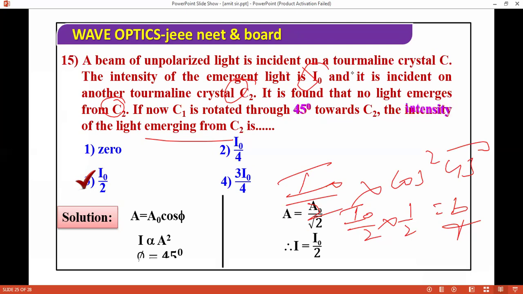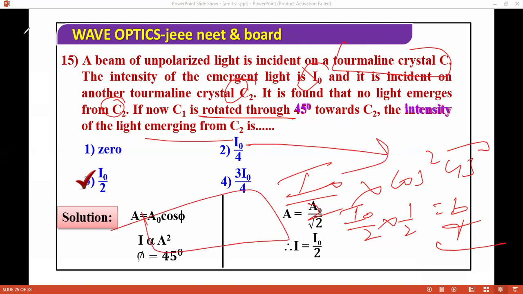Here we are using tourmaline crystals. You can think of it either way, depending on which crystal is rotated. If you use the polarization concept, you can go like this.